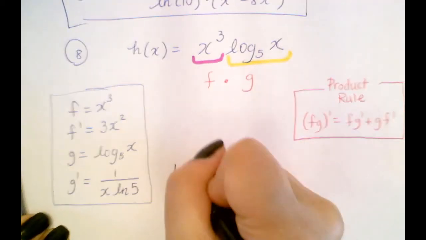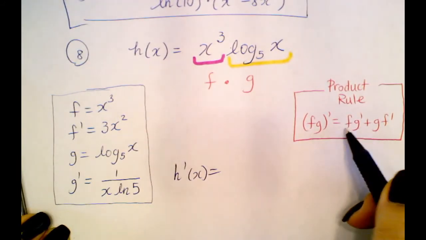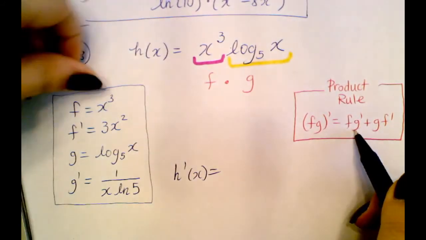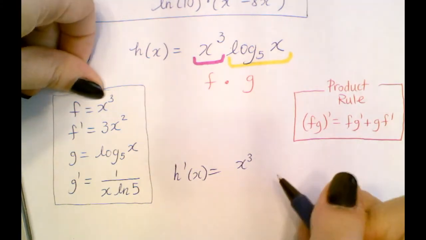So what's h prime? h prime is equal to f times g prime. f is x cubed, g prime is, where are you? Oh, down here.